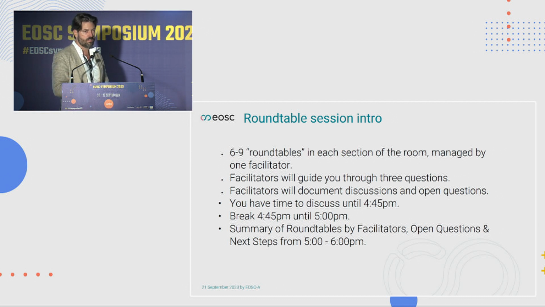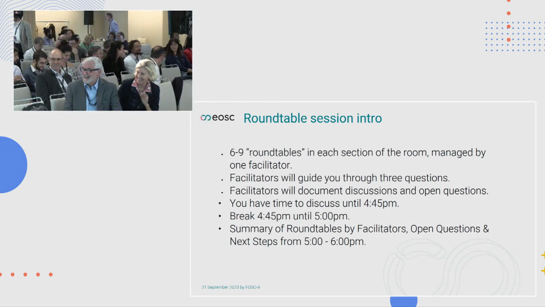After that, there's a small break where the facilitators are going to elaborate on a summary of the various groups. After the break, there will be the presentations of the summaries and also a discussion on open questions. With this, I'm asking the facilitators to please organize their various areas. Good luck.